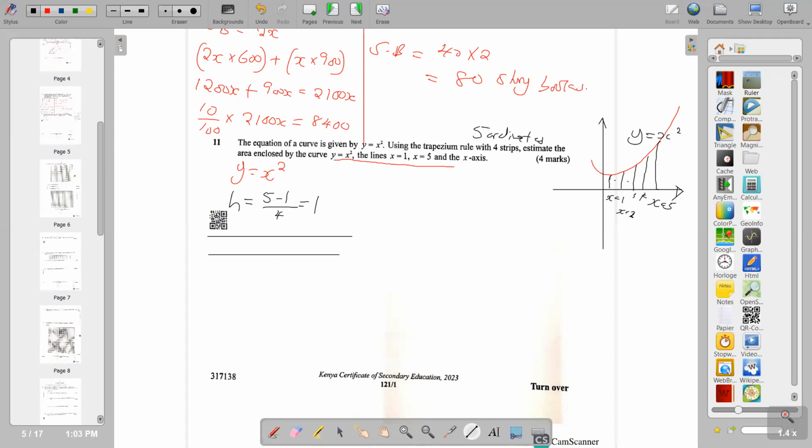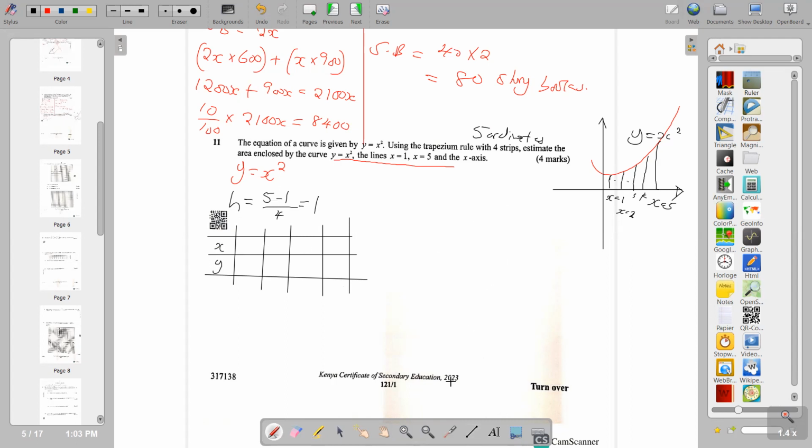So you have the values of x and the values of y.